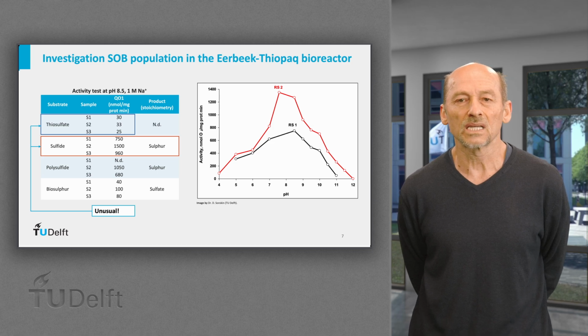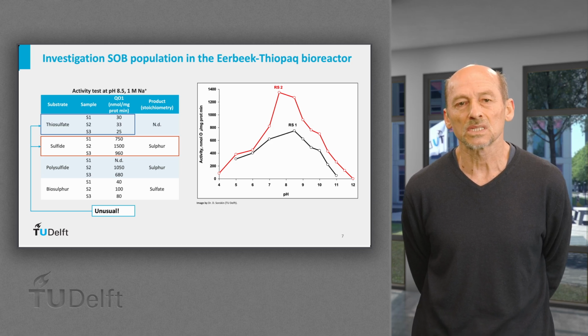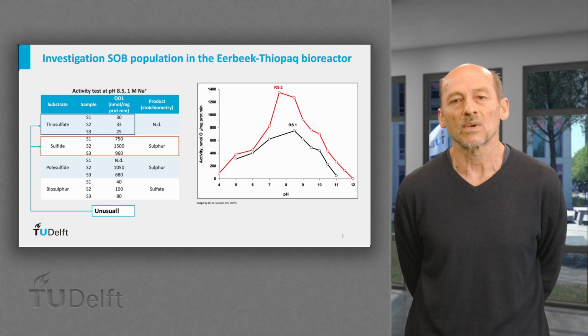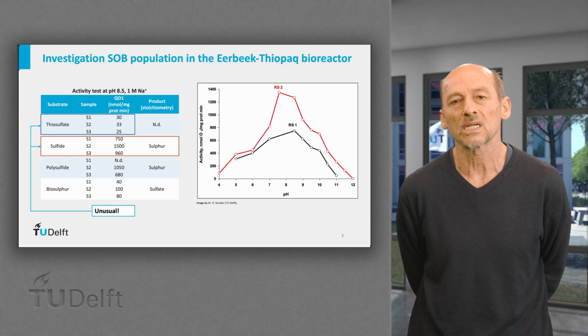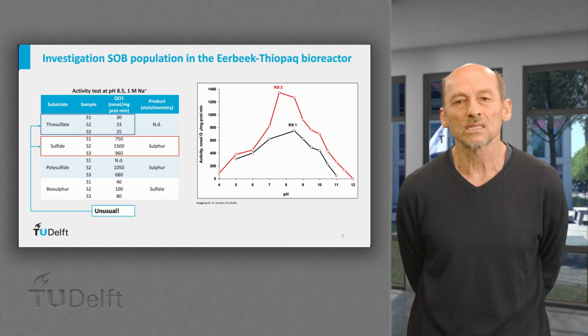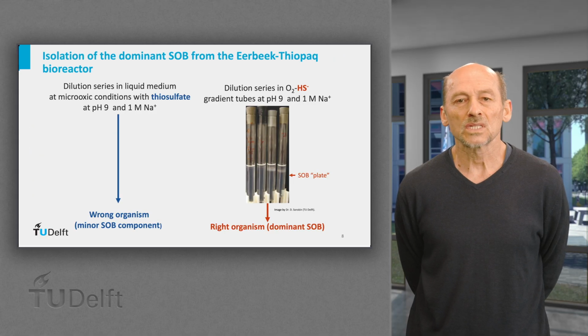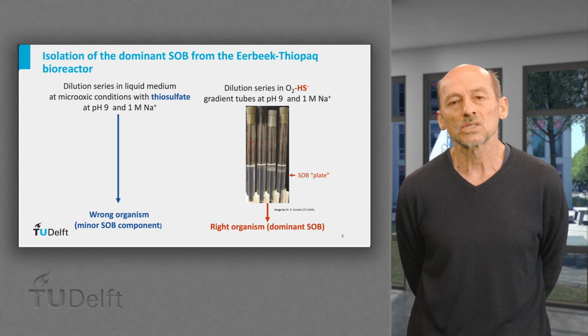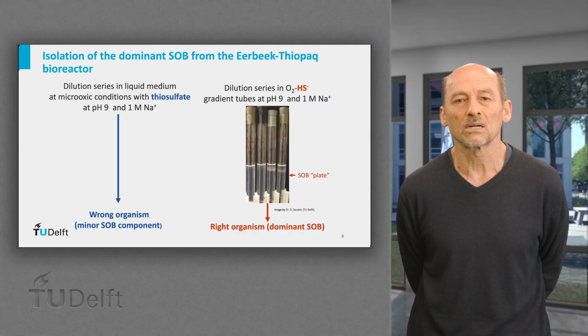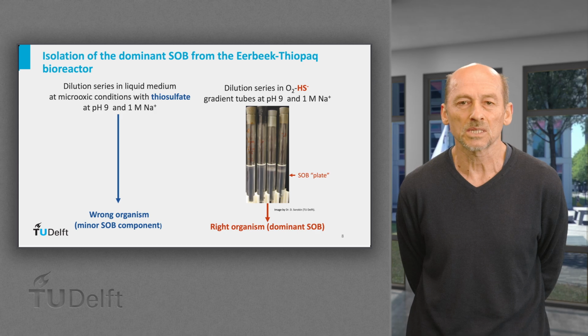This analysis indicated that the sulfur-oxidizing population selected during long-time operation of the full-scale bioreactor at high alkalinity selected for high alkali- and salt-tolerant sulfide-oxidizing specialists. Our first attempt to enrich and isolate the dominant sulfur-oxidizing bacterium from the aerobic plant failed, as a conventional approach was used at fully aerobic conditions and with thiosulfate as the substrate, resulting in domination of a minor population.